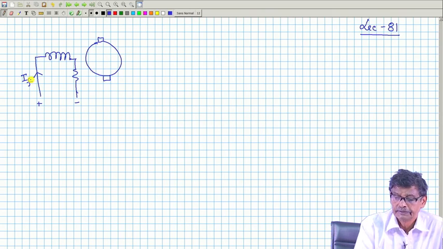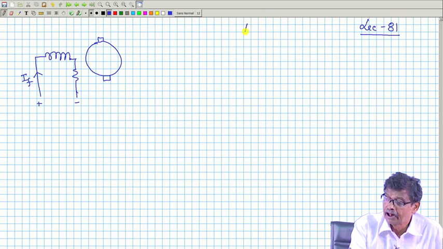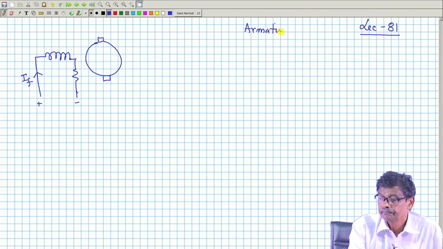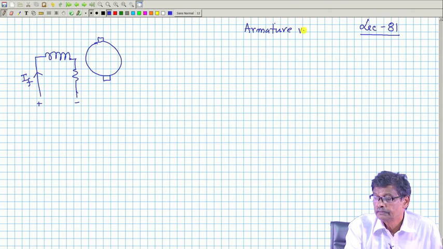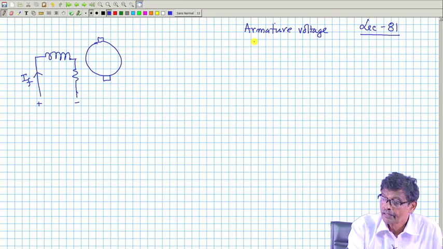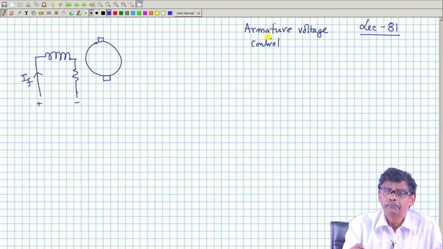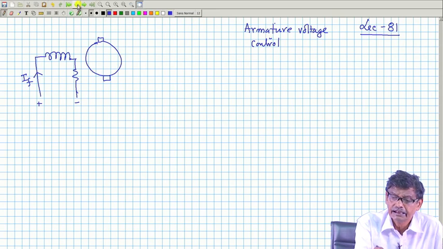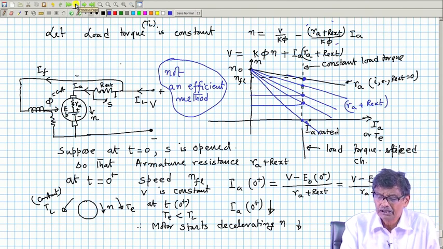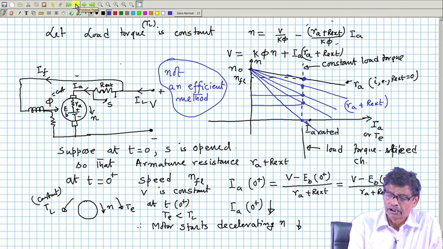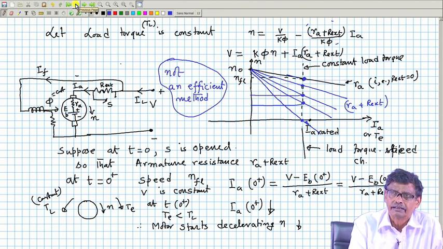So, this method is armature voltage control. Mind you, the earlier method should not be called armature voltage control. The armature voltage is fixed, the resistance is external.